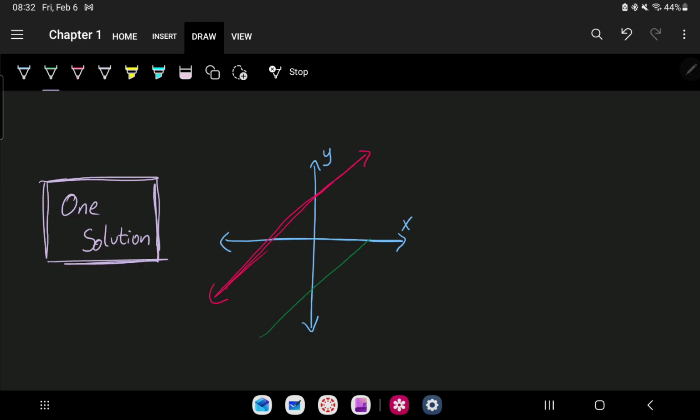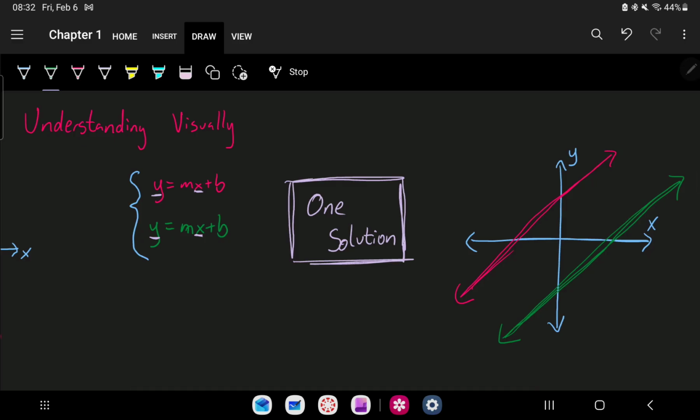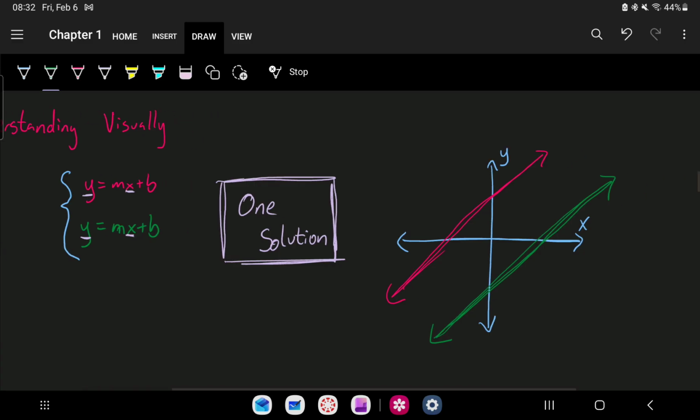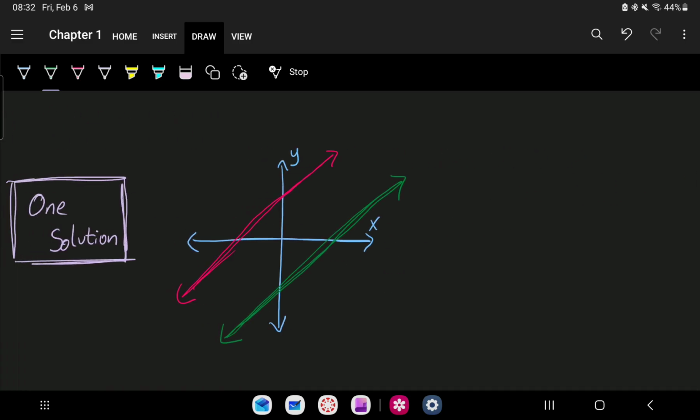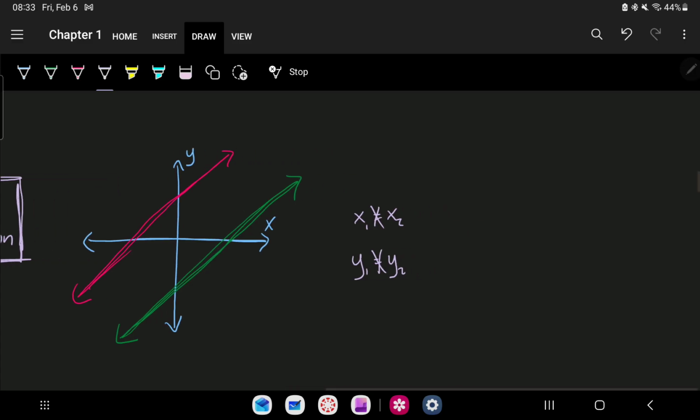They have no idea that the other one exists, right? So going back to this idea that each equation in our system of equations represents a line, right? But these lines, there is absolutely no place in these lines where x1 equals x2 and y1 equals y2, right? This does not happen, ever. So, this is where there's going to be no solution.